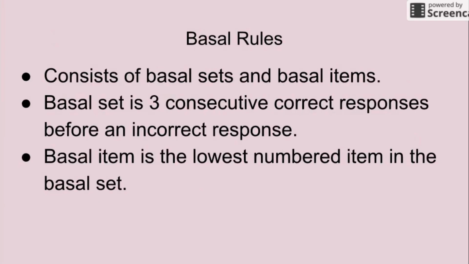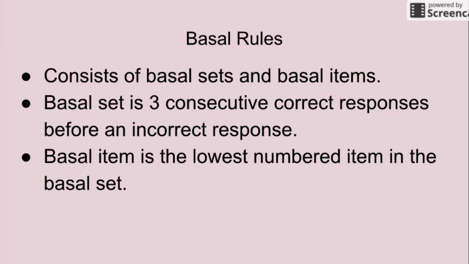Then you have the basal rules that are incorporated into this test. When scoring, you're going to look for 3 consecutive correct responses before an incorrect response. That's the basal set. And then you will look at the lowest numbered item in the basal set, and that is the basal item.